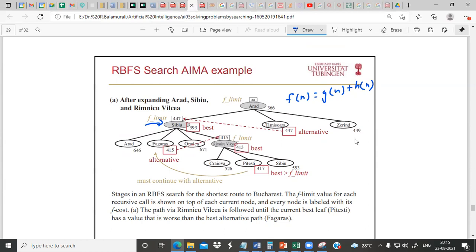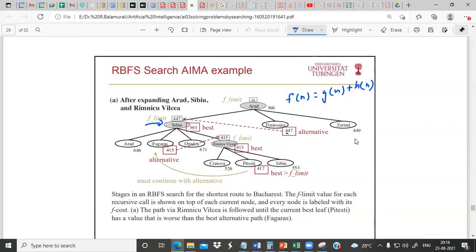This is the best path in this level, but what is the next best path? Suppose 393 is not the best path, then what is the next best path? It is Timisoara. What is its F score? 447. And that will be the F limit for the path that we are going to explore. Is that clear? So this 447 comes as the F limit of CBU.